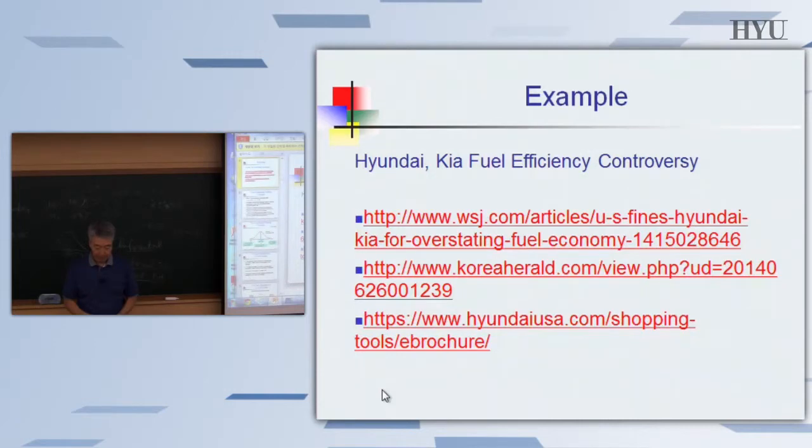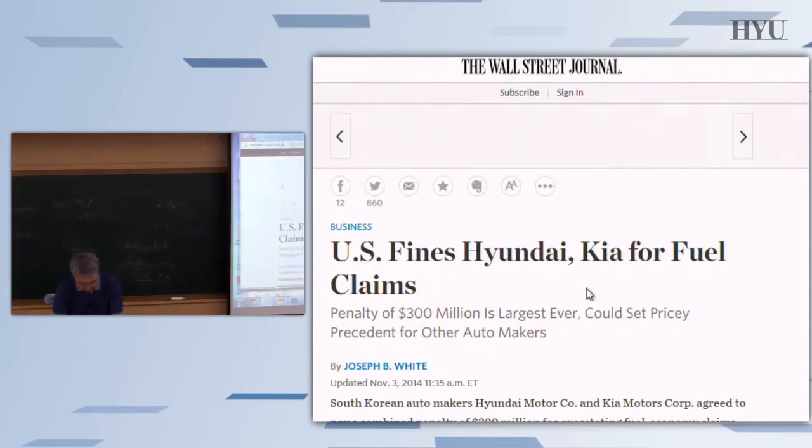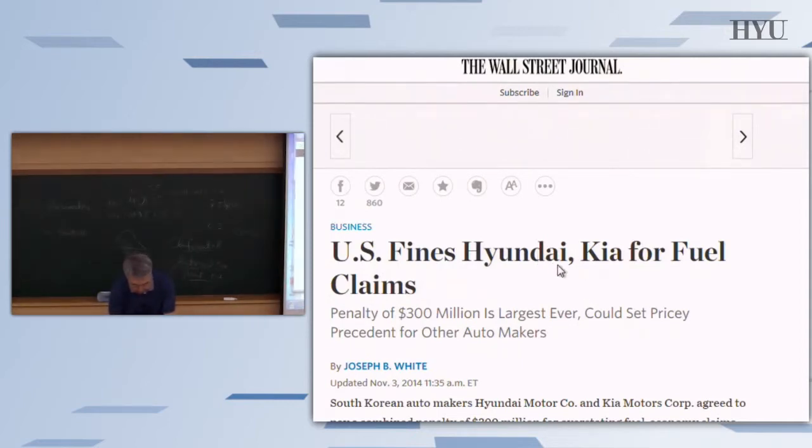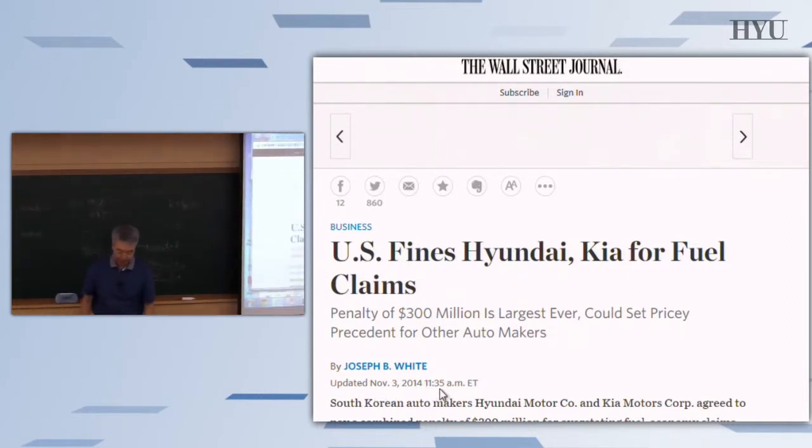There was a Hyundai-Kia fuel efficiency controversy last year. Do you remember? Here's the Wall Street Journal article as of November 3rd, 2014.